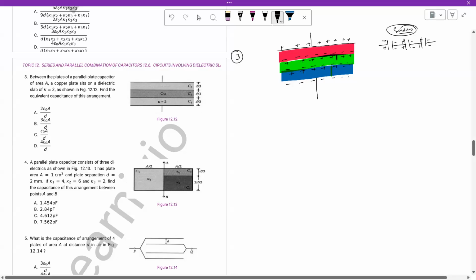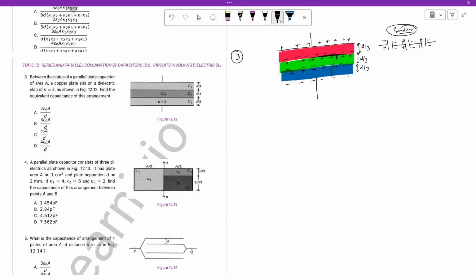Now, the distance is different, d by 3. The area would be the same. All of them have the same areas, right? Now, what is the capacitance of this one, between the plates of area A?